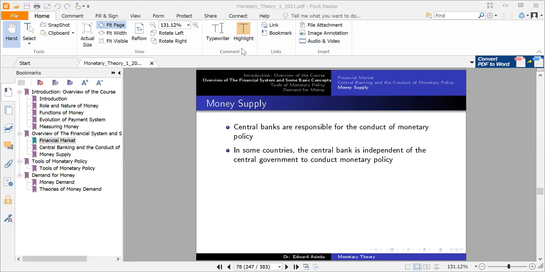Yeah, Doc. So I think I prefer the first one, whether the central bank is independent of the government. In my opinion, it's not always true, because during the banking crisis, when the banks collapsed and the deposits of many people were locked up and the banks couldn't pay, I think the government had to print out money.